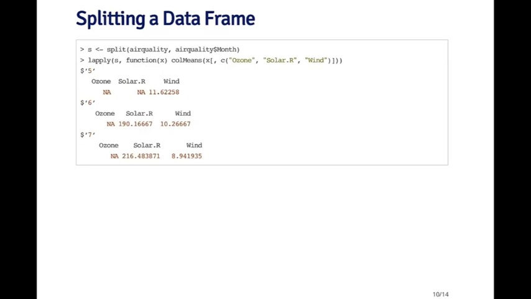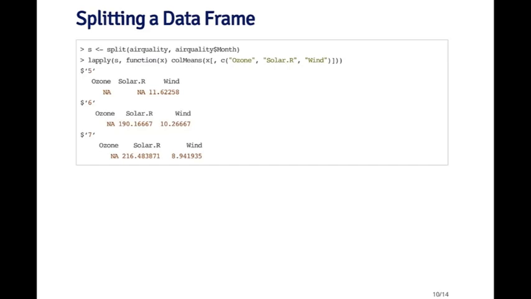So that's what I've done here. I've split the airquality data frame, and the factor I'm going to use to split is the month variable. Technically speaking, the month variable in the data frame is not a factor variable, but it can be converted into a factor variable because it only takes the values 5, 6, 7, 8, and 9, because the measurements are only taken in the warmer months of the year.